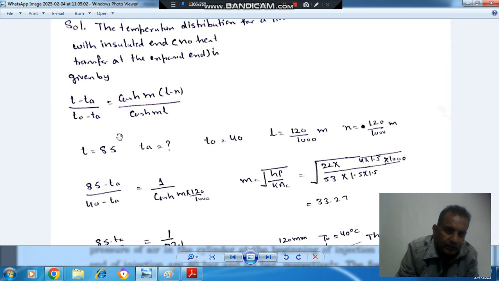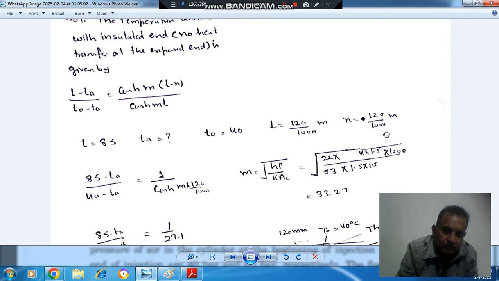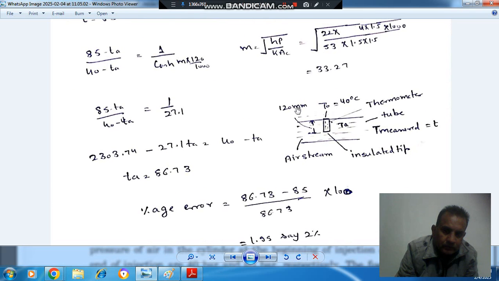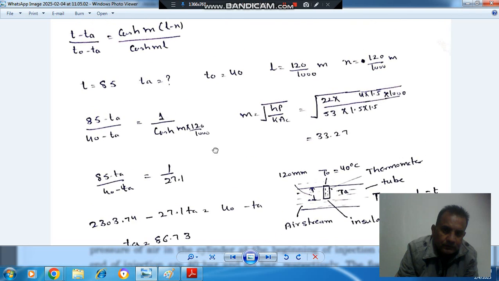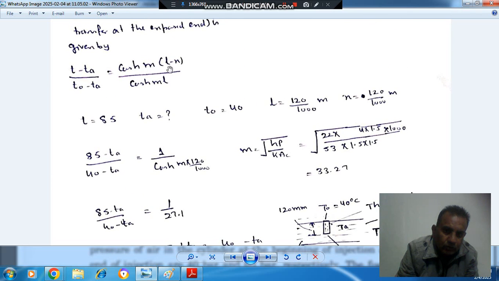TA is air temperature, T naught is base temperature 40 degrees Celsius, L is 120 mm or 120 by 1000 meter, and x is also 120 by 1000 meter because it is measured here. Here temperature is measured at x equal to L, so L minus x will be 0 and cosh 0 is 1, and cosh mL is cosh of m into 120 by 1000.